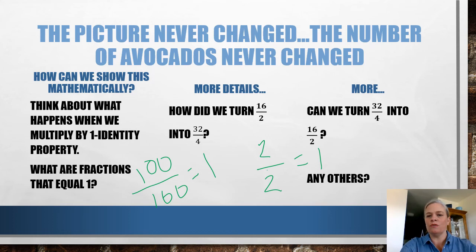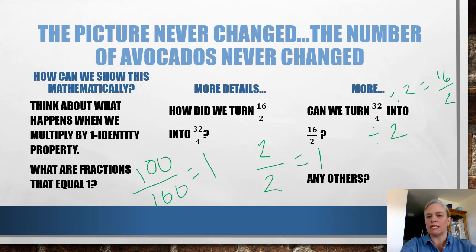If I divide 32 by 2, that gives me 16. And if I divide the denominator 4 by 2, that gives me 2. Do you see how we went? We use the inverse, so we can multiply or we can divide.